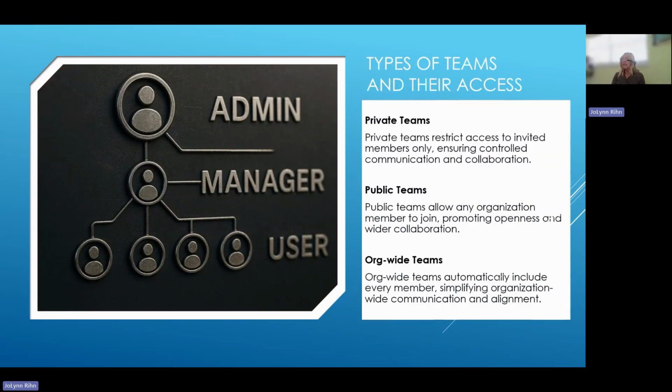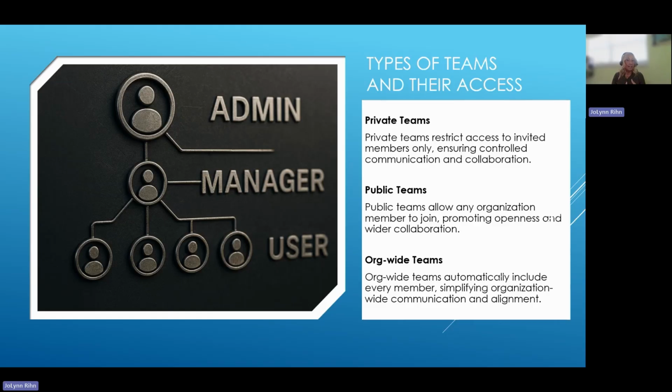We talked about a team and we talked about the channels, but there are 3 different types of teams that you can use depending on your rights. So when a new team gets created, if you are an administrator, you could create an org-wide team, which is automatically available to everybody within your company.